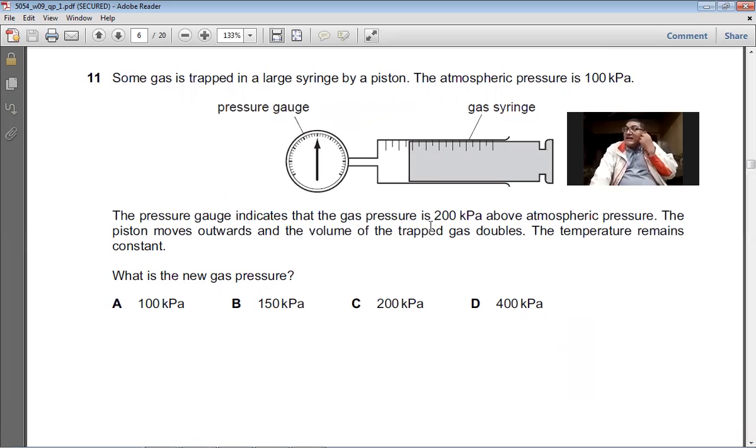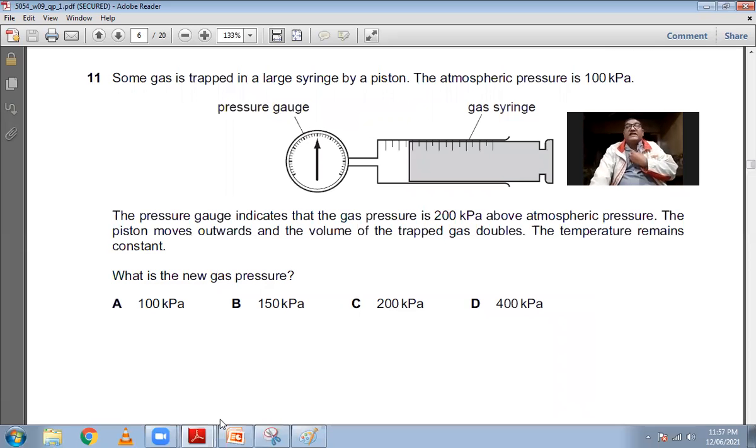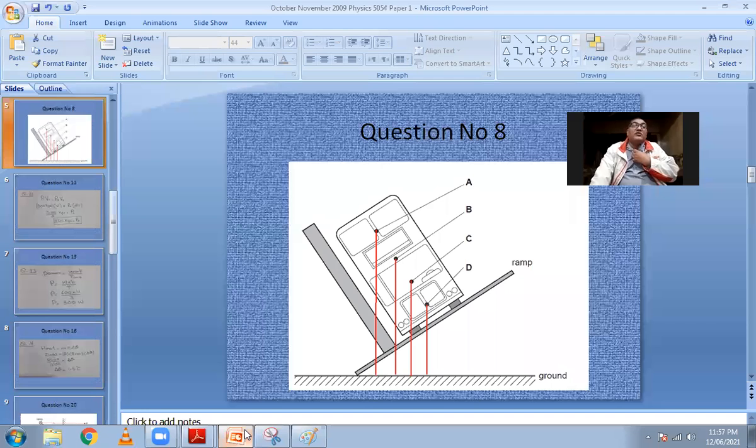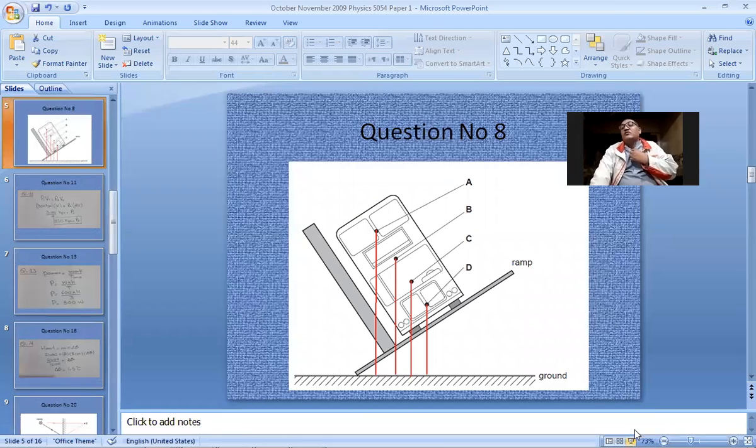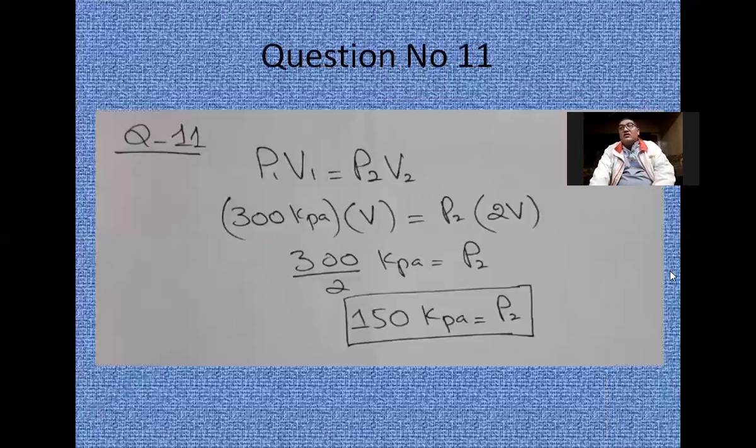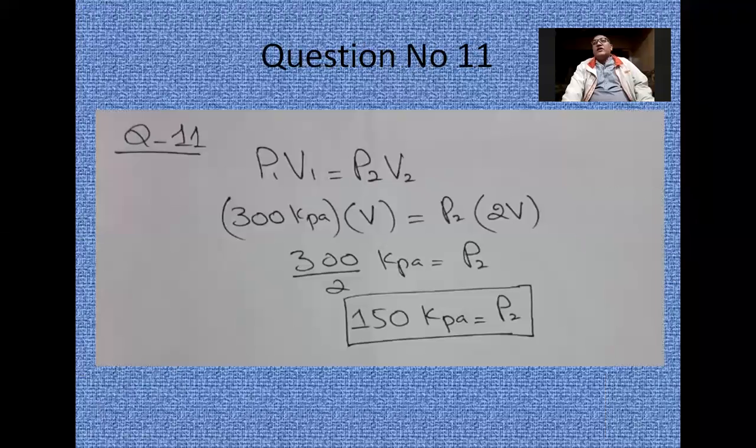Then he doubled the volume and the temperature is kept constant. So we can apply the formula P1 V1 is equal to P2 V2. We have this formula because the temperature is constant, so the product of the pressure and the volume remains constant. P1 is 300 kilopascal, because the pressure of that gas was 200 more than the atmospheric pressure, and atmospheric pressure was 100.